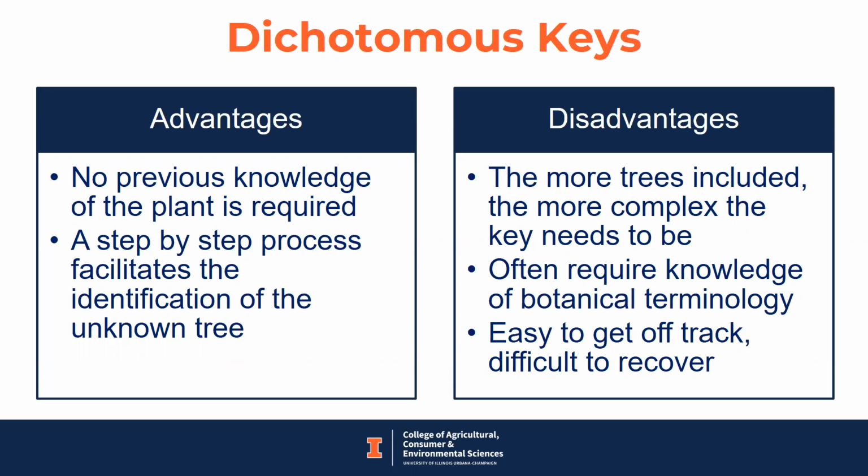As you get further, you might realize you got off track. You may be able to remember that one step and go back to it, but if there are multiple steps that were tricky to you, it could be very difficult to get back on track. So the advantages: no knowledge required. But the disadvantage is they can sometimes be difficult to navigate.